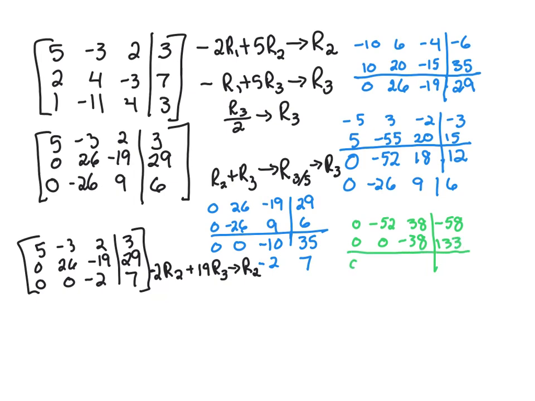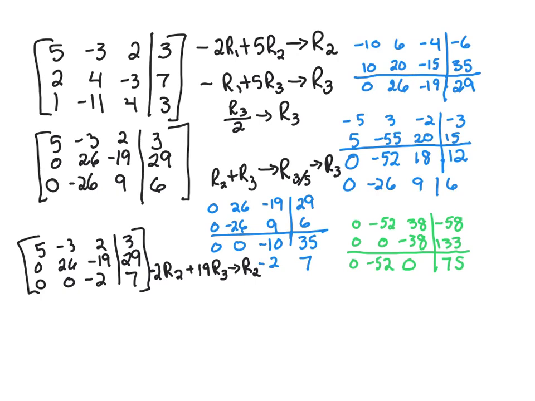I hope. 0, negative 52, 0, which is what we were going for, and now 133 minus 58, cheating with the calculator here. 133 minus 58 is 75, positive, and that looks right.